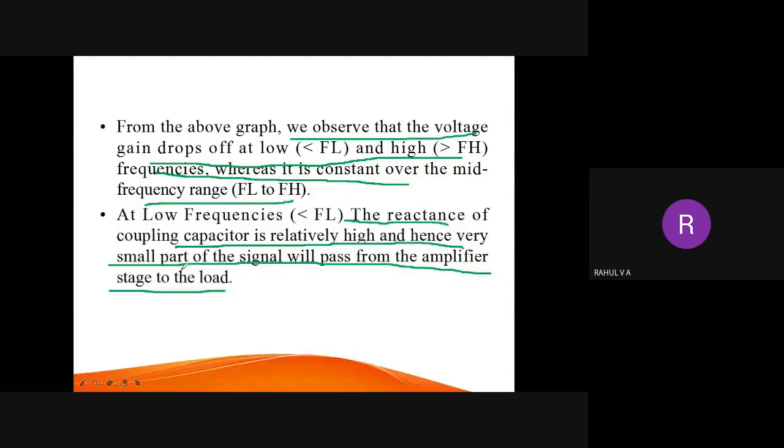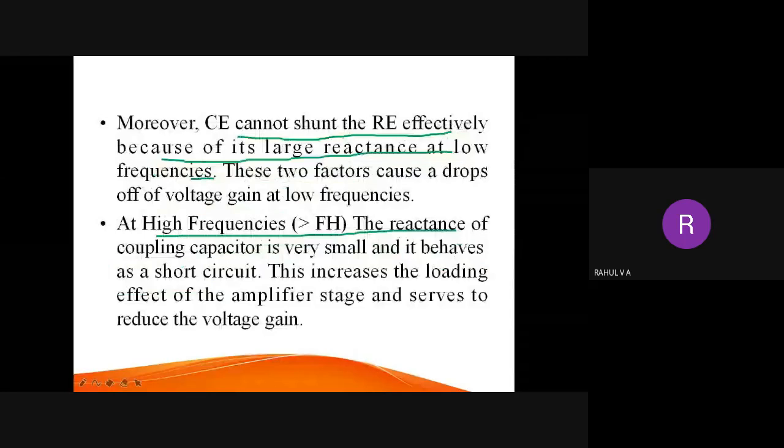Moreover, there is one more reason. Emitter capacitor cannot shunt the emitter resistance effectively because of its large reactance at low frequencies. Okay, so these are the two factors that cause drop of voltage gain at low frequency.